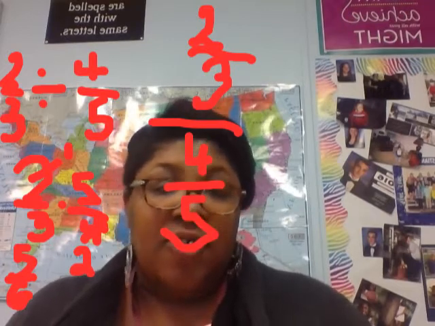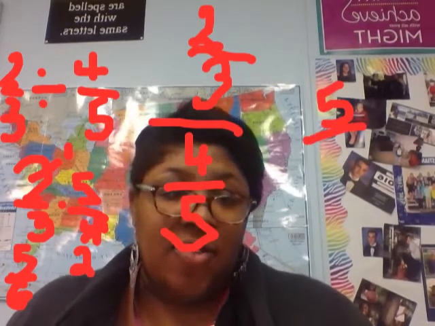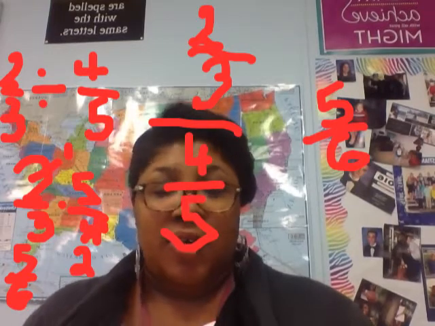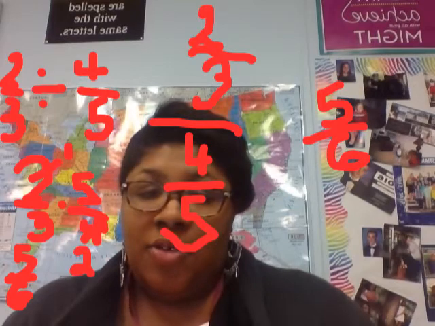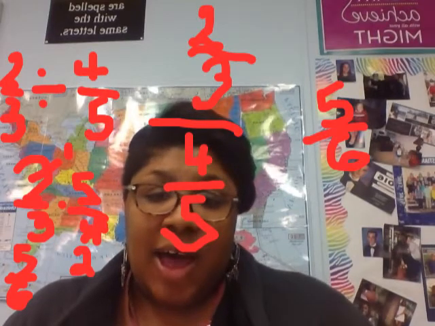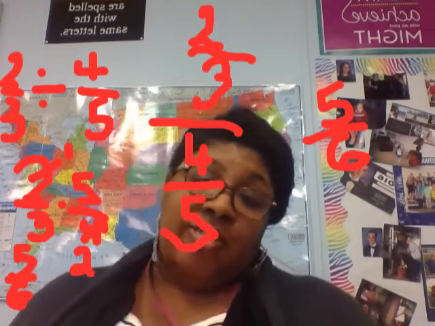Okay, so your answer is 5 over 6. In case you didn't see it, your answer is 5 over 6, because we multiplied the 1 times 5, and we had 3 times 2, which is 6.